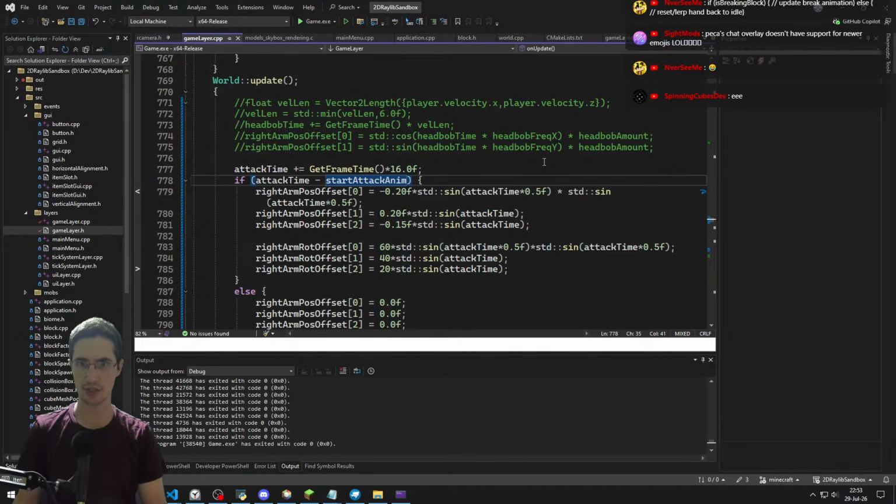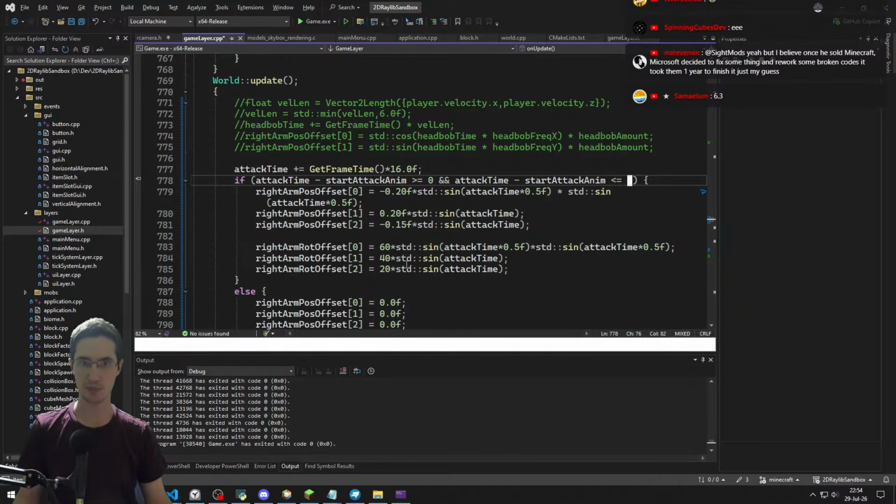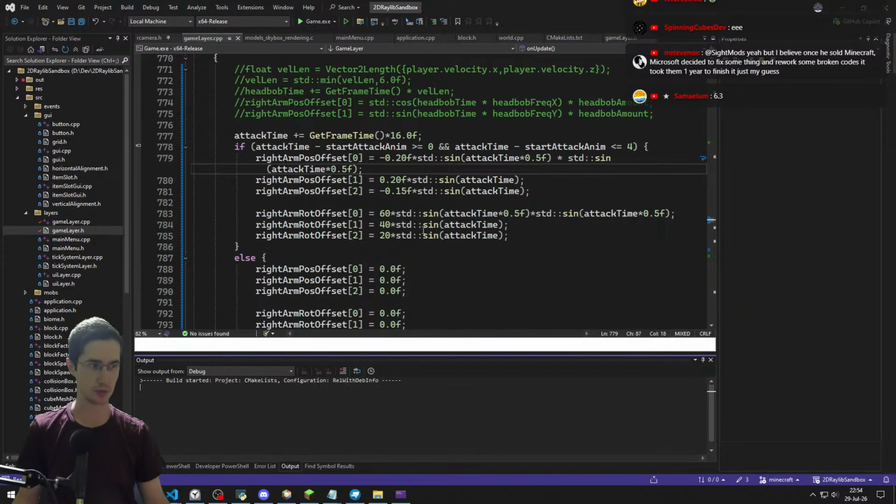Here I need to change it: if it's greater or equal than 0 and if it's less than or equal than how much? Let's put 4 seconds. Let's put 4 and let's see what we get.